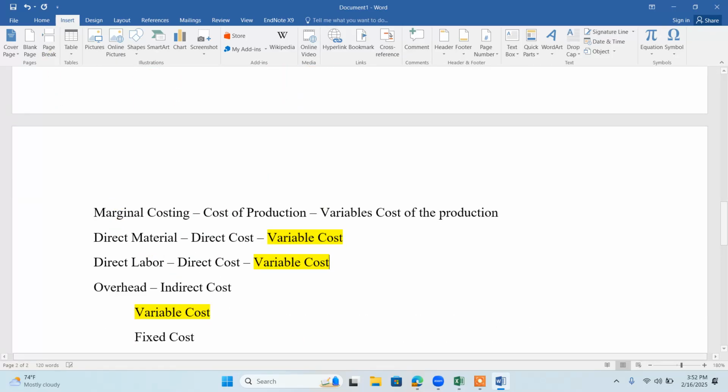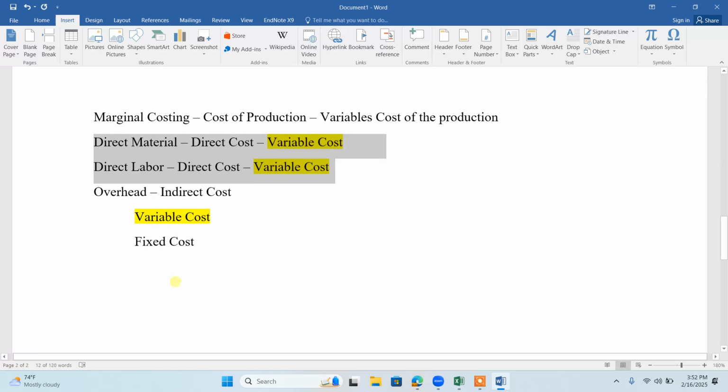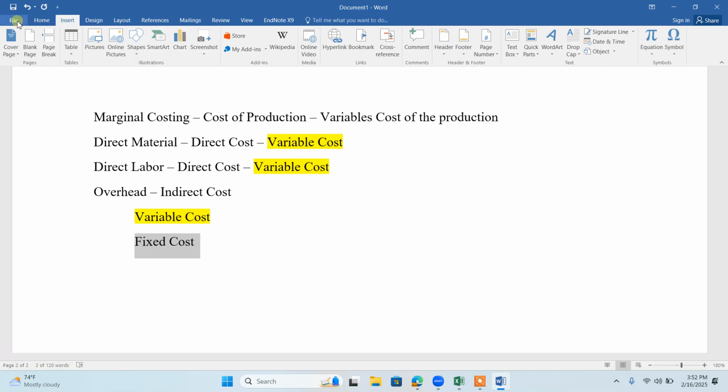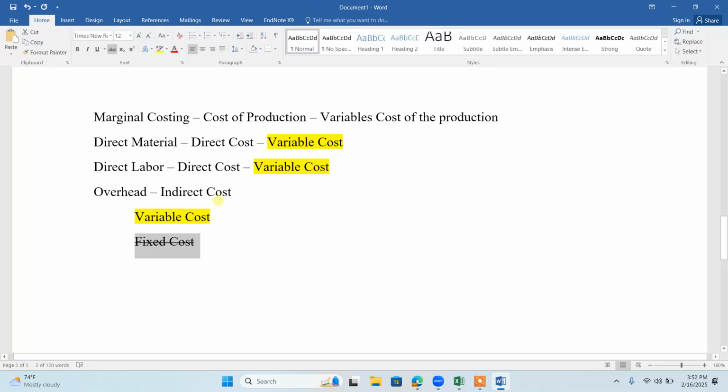Now you can see that the direct material is variable cost, so this is a part of the marginal cost. Direct labor is variable cost, it is part of the marginal costing or the production cost. In overhead, we do not consider the fixed cost in the production cost. We only consider the variable cost involved in producing the product.